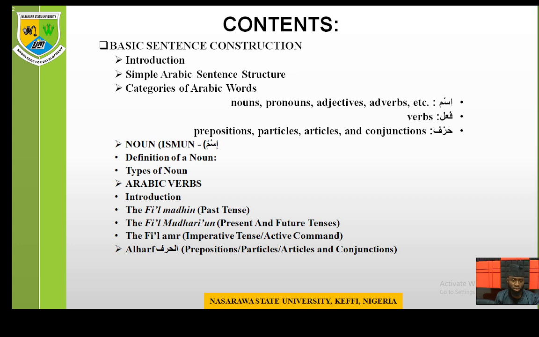And then when we come to ismun, we'll discuss its definition, which is the definition of isim, which is our noun, and then types of noun in Arabic, and then we move to Arabic verbs, and then under it we're going to introduce the verbs, and then tenses of verbs, which is fi'il madin, and then fi'il mudari, and then fi'il amr.